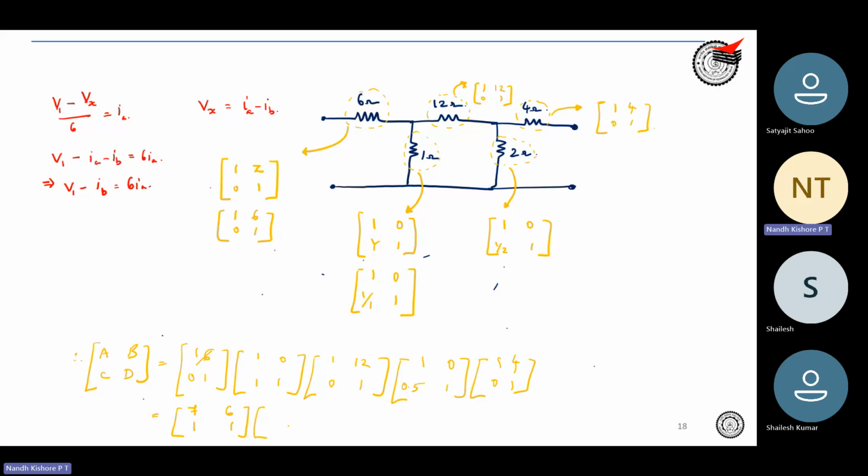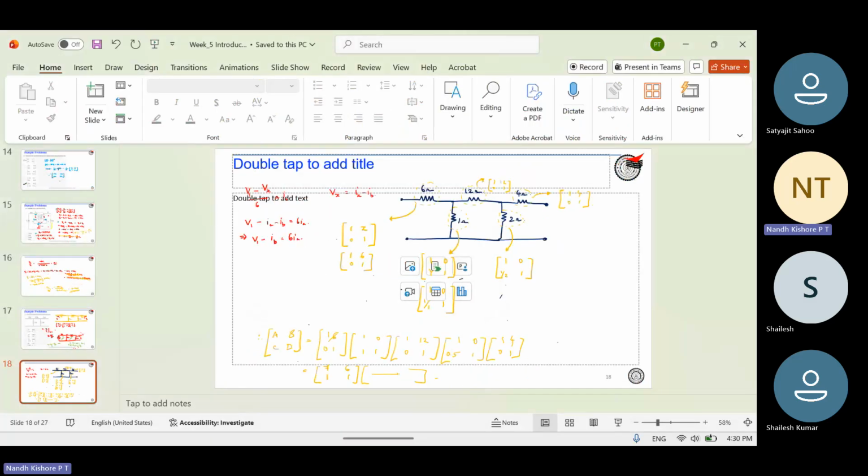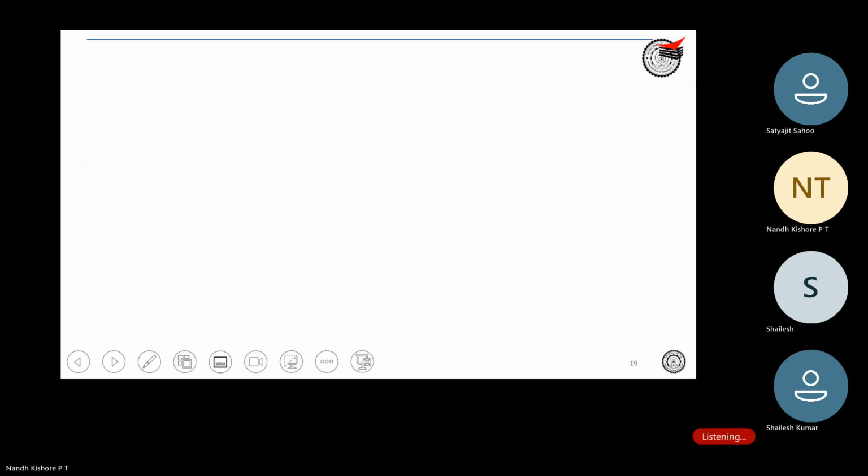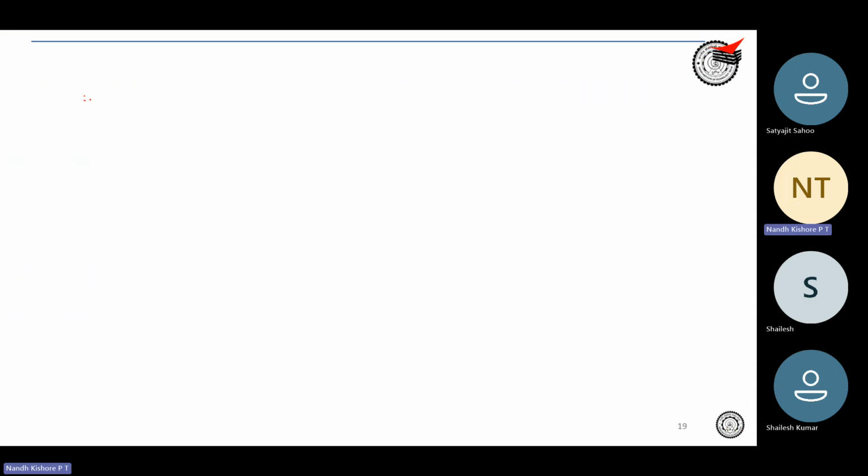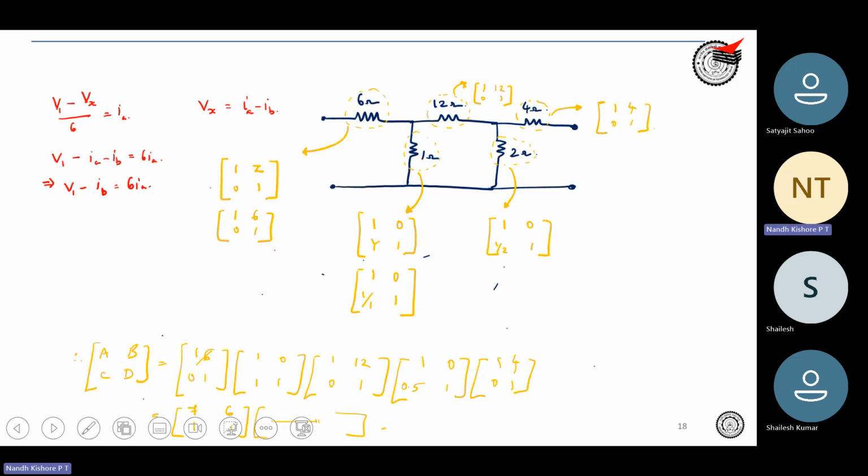Then you get the rest of the elements. Let me take a new slide. Basically you are multiplying 7, 6, 1, 1, then 1, 12, 0, 1, then 1, 0, 0.5, 1 and 1, 4, 0, 1.